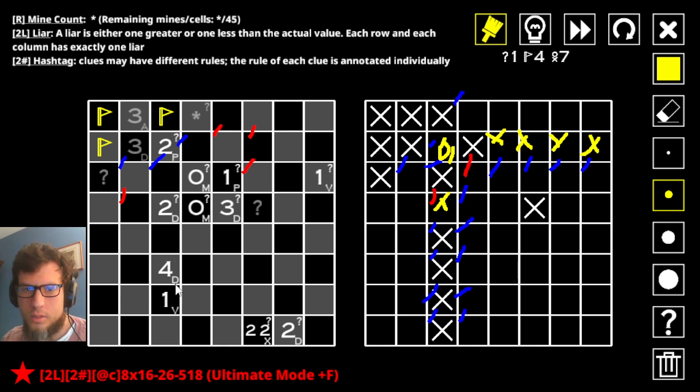Oh, these are both honest now. Okay. Not that I can really get anything out of that. If that 4 was a vanilla, I could get so much out of that, but it's not, so... Alright.